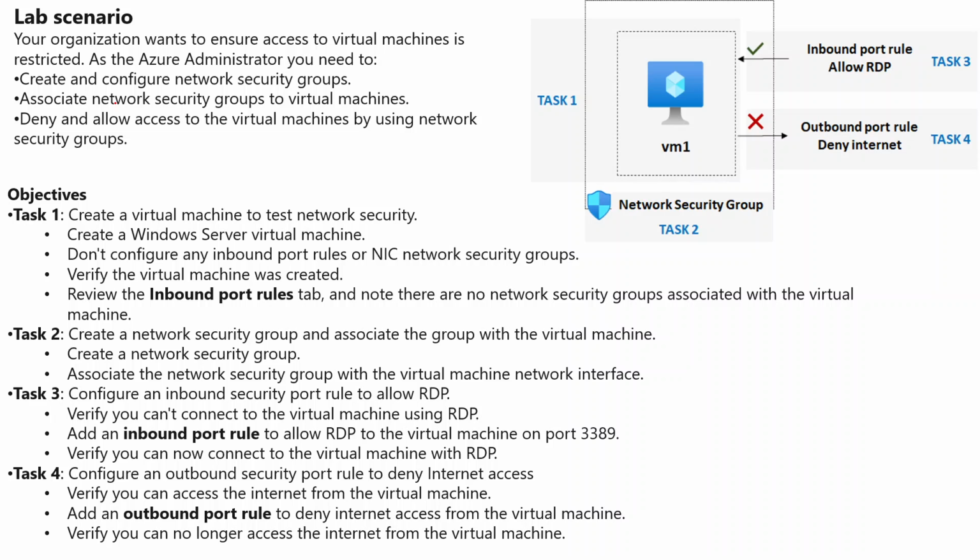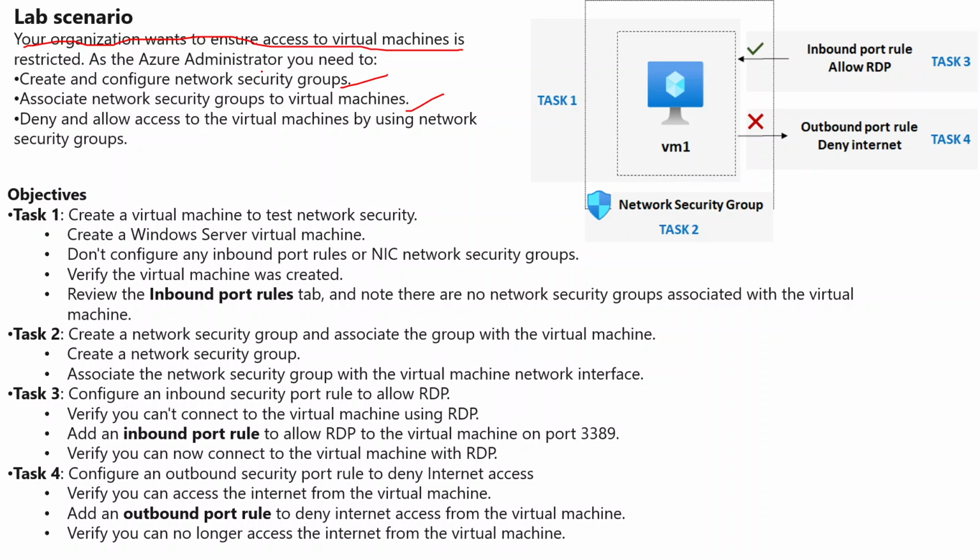Now, what is the lab scenario? What we'll do today is, your organization wants to ensure access to the virtual machines is restricted. So I have a virtual machine, and I need to restrict access to it. As an Azure administrator, you need to create and configure network security groups and associate the network security group to the virtual machine.